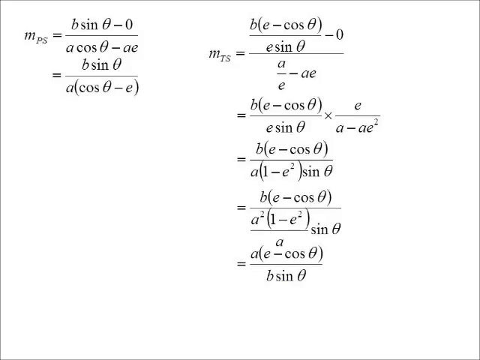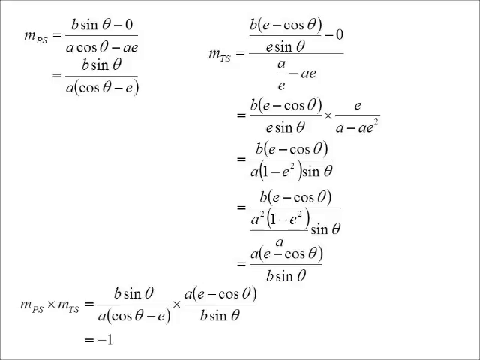And now you can see when I multiply these two things together, I'll get -1 very easily. So multiply them together, sin theta cancels, b cancels, a cancels, and you've got a(cos theta minus e) and (e minus cos theta), leaving me with -1. So I guess the trick to that one is recognising to use that property of b squared is equal to a squared (1 minus e squared). Okay, so yes, it is 90 degrees.